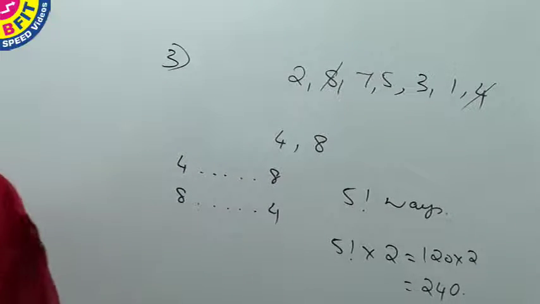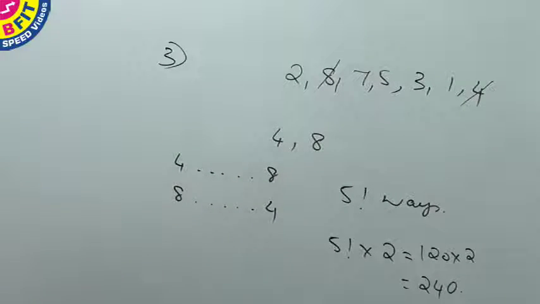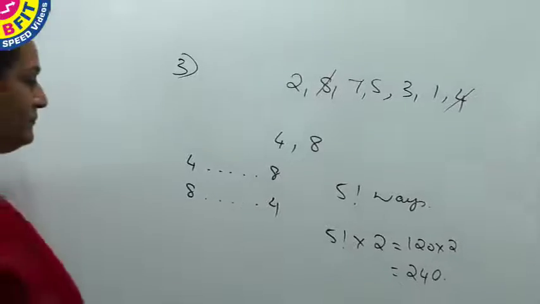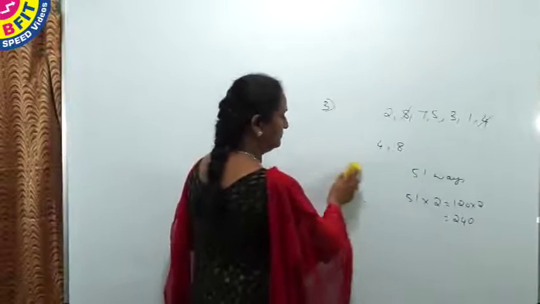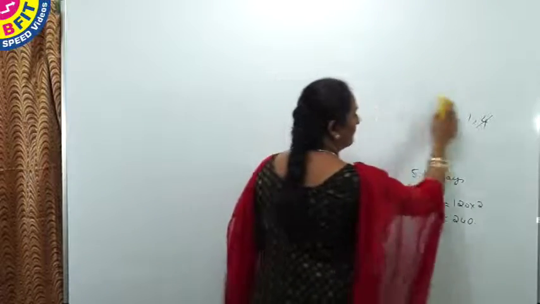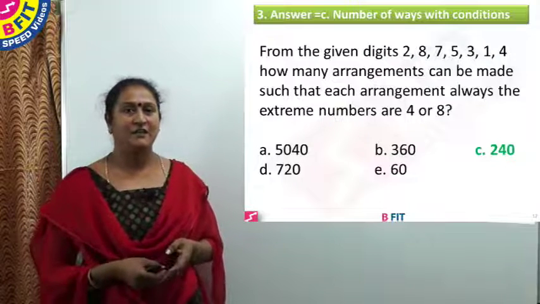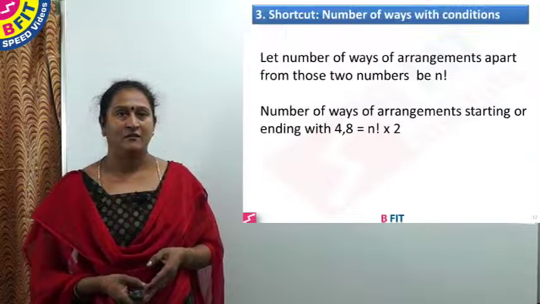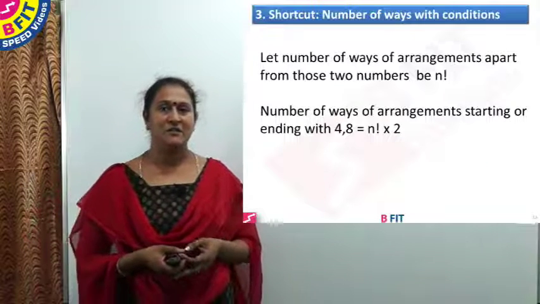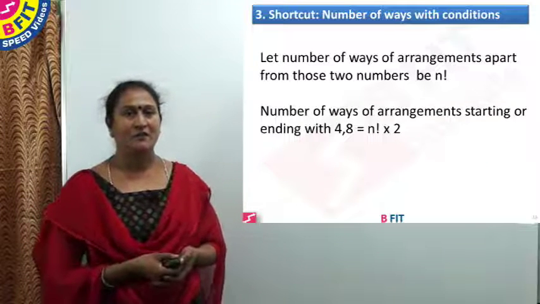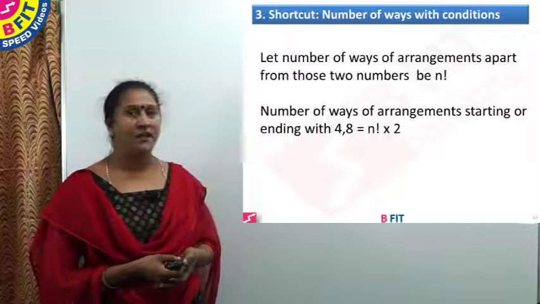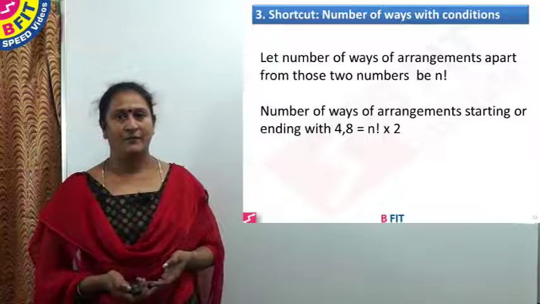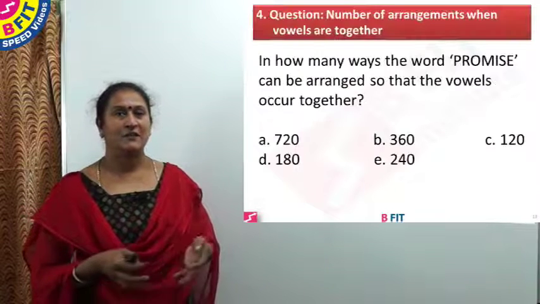So you can form 240 numbers. And the answer for question number 3 is option C, 240. Here the arrangements are made leaving those two numbers 4 and 8 and multiplying by 2. So we'll see the next question.